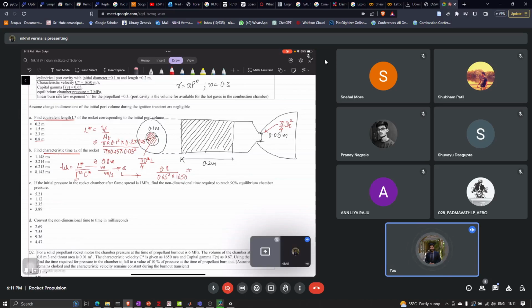So if you plug these values, can somebody calculate and tell what is the value for TCH?